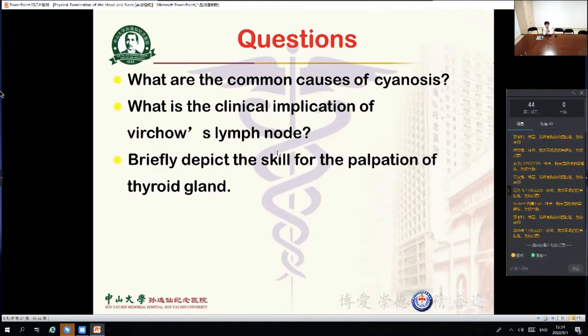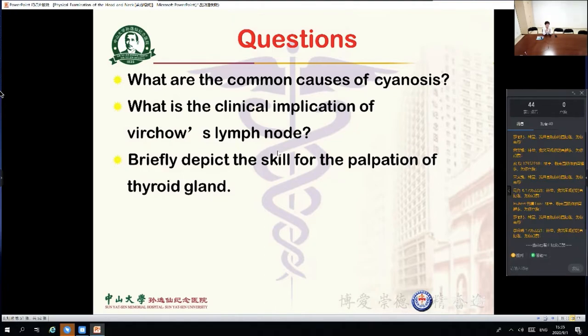You need to know the number of groups of lymph nodes, and know where their locations are. And then the Virchow's lymph node is especially in the left supraclavicular region, the left supraclavicular lymph nodes. The enlargement of this group is called the Virchow's lymph node.